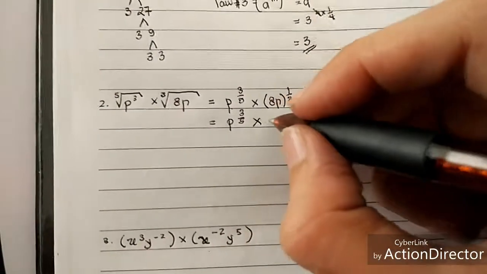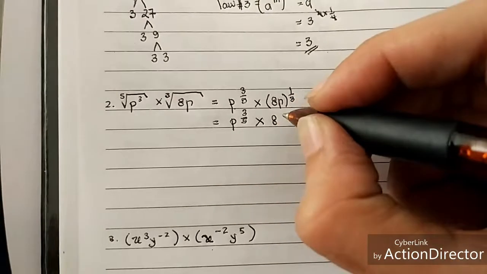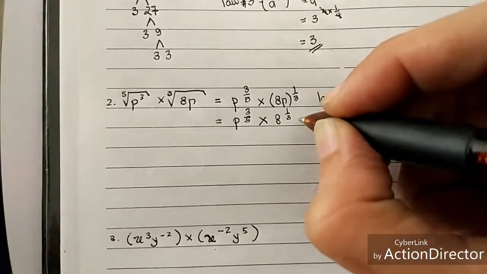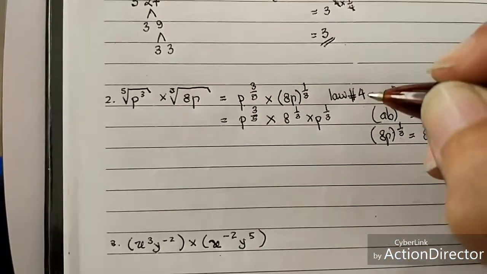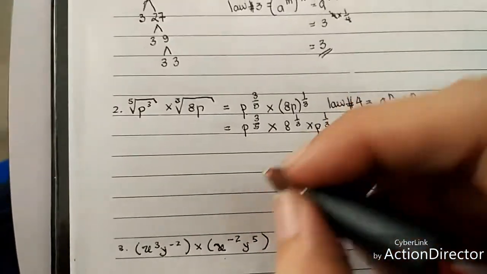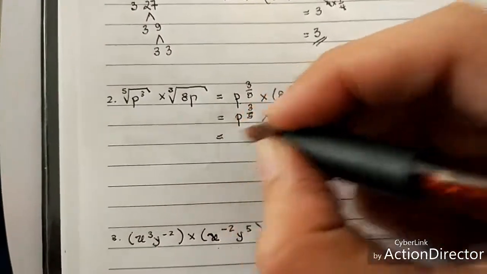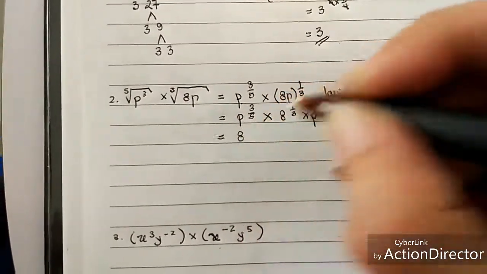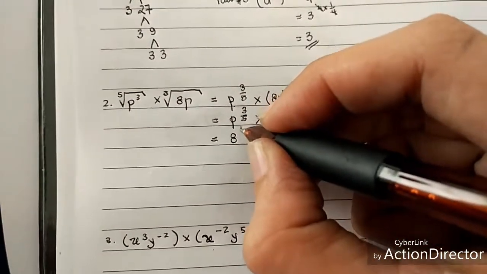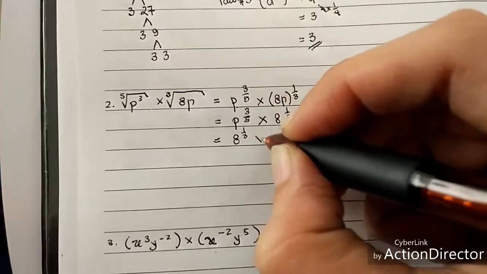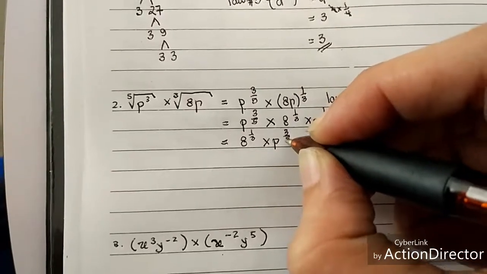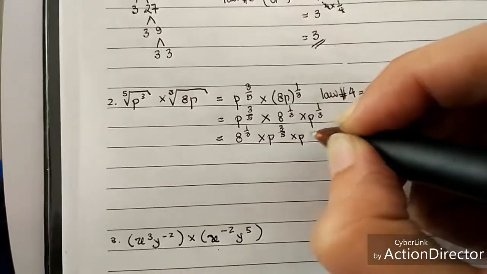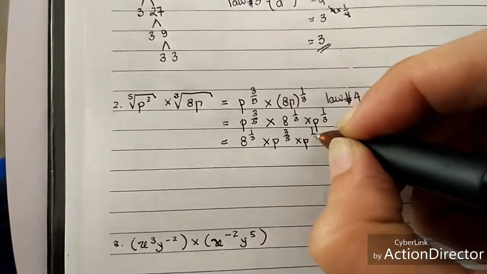Okay, so I will write it here. I will put the number at the front: 8 to the power of 1 out of 3 times p to the power of 3 out of 5, and then times p to the power of 1 out of 3.